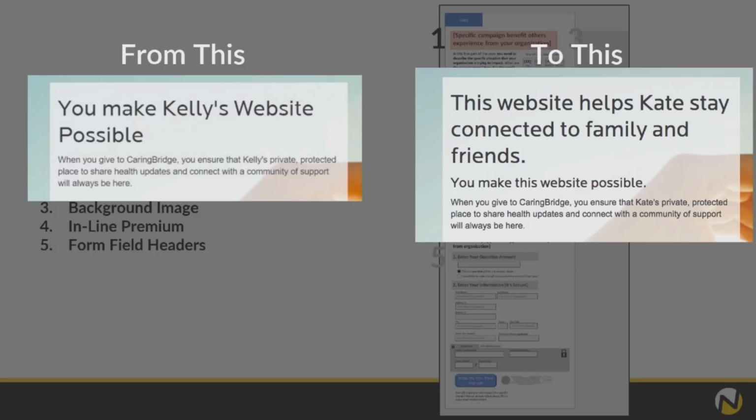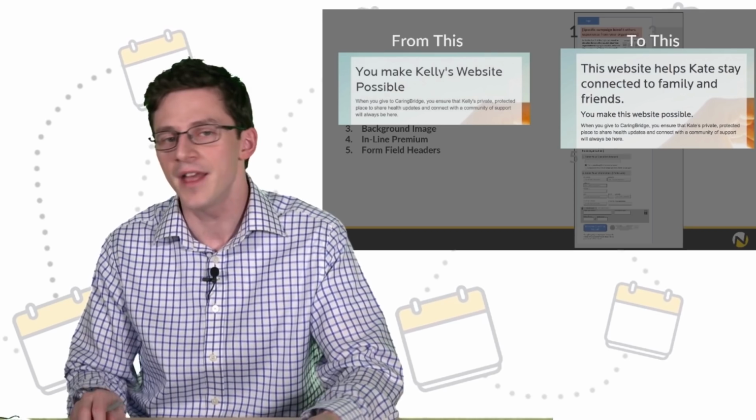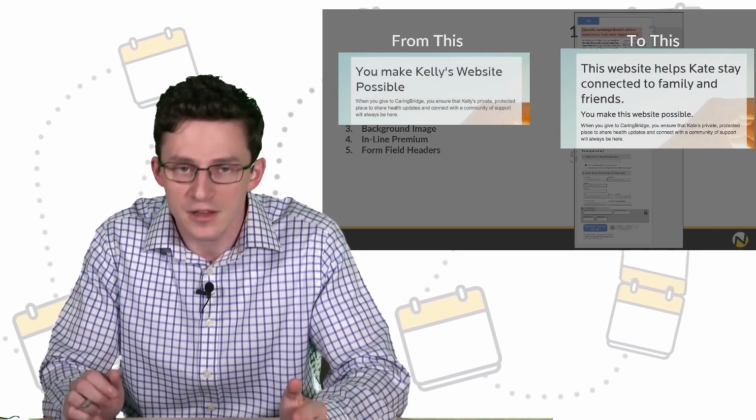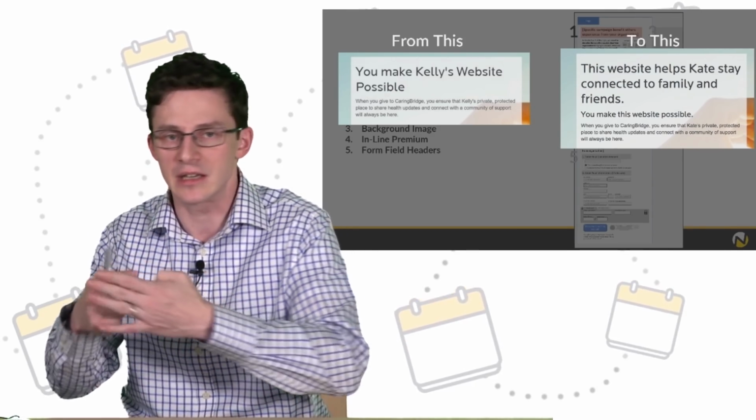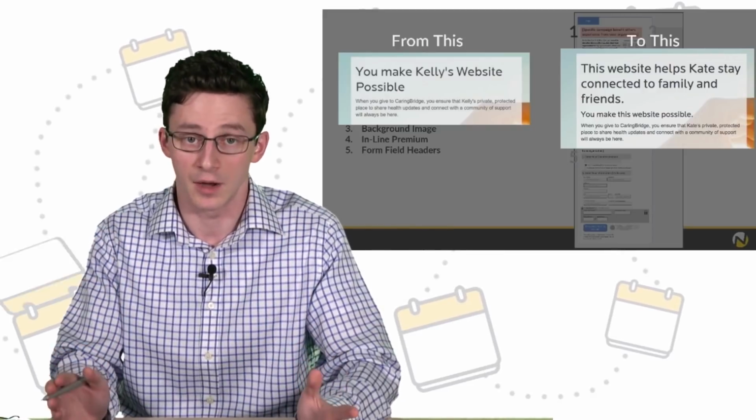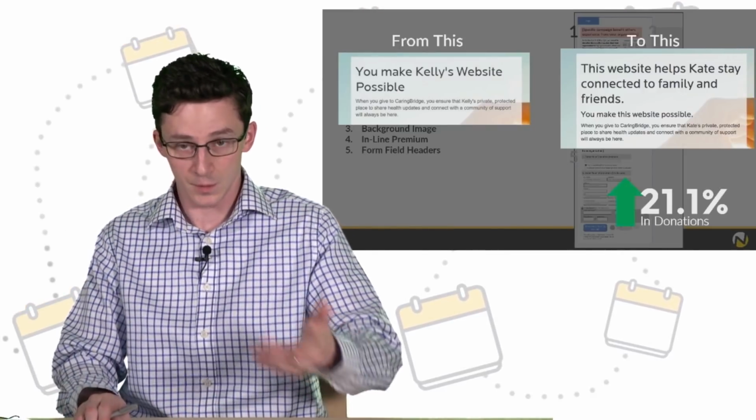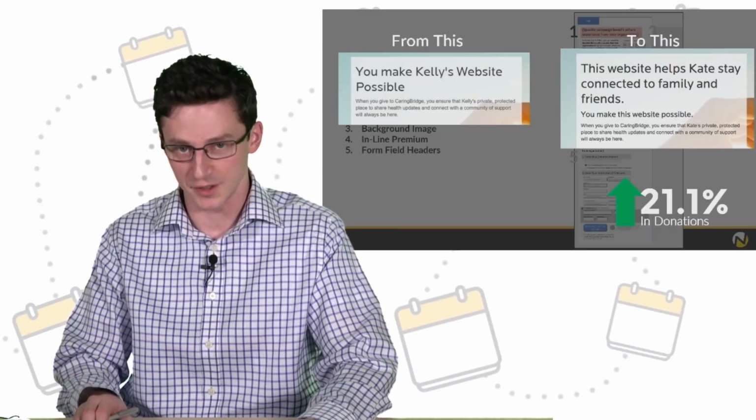I'm sorry, when I say you, I mean the donor. The impact the donor is having by giving you their gift. So it can go both ways. You can combine the two. You could say, make your year-end gift now, and then a subheadline: by making your year-end gift now, you'll be doing whatever it is that you said in the email. This one was a 21.1% increase in donations.